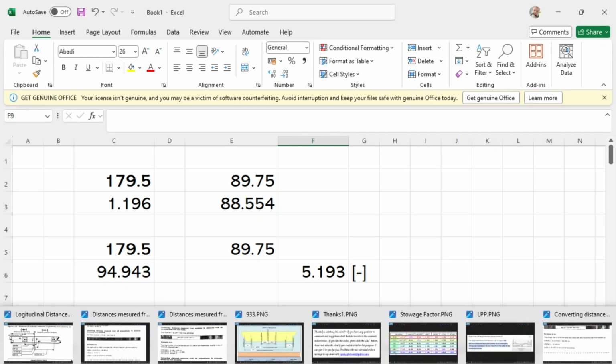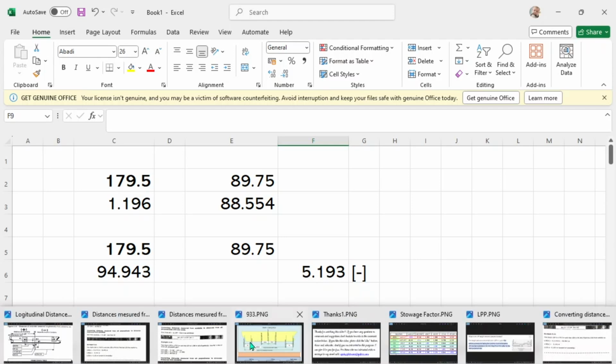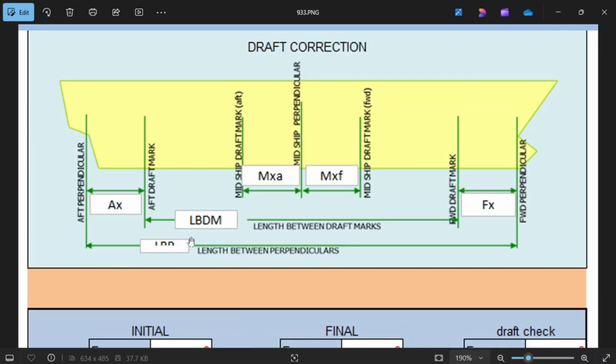Then, what's next? Okay, so I just explain this one, guys. This is your up perpendicular. This will be your forward perpendicular.